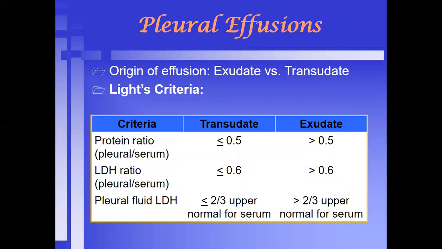So once you do your thoracentesis, you can now try to determine the type of pleural effusion. Is this an exudate or a transudate? Transudative effusions are usually caused by systemic factors, such as if you have congestive heart failure or chronic kidney disease, while exudative effusions are usually caused by localized problems or lesions, such as your malignancy, infection, and other localized diseases.